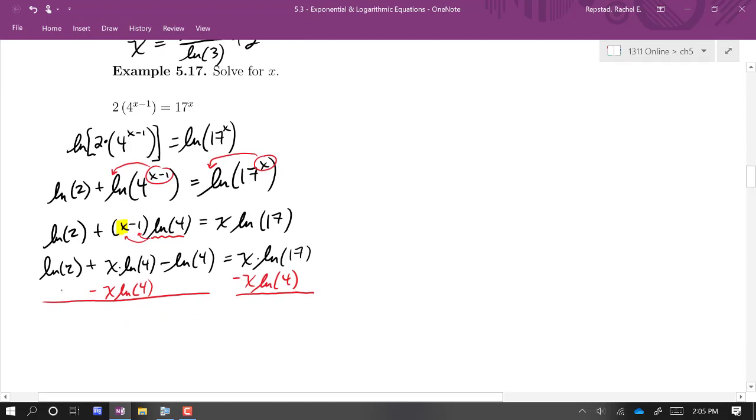So now we've got on the left side ln 2 minus ln 4 equals, and on this side I'm subtracting, x times ln 17 minus x times ln 4.